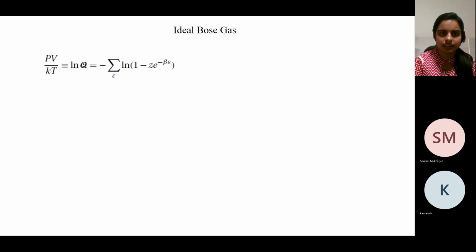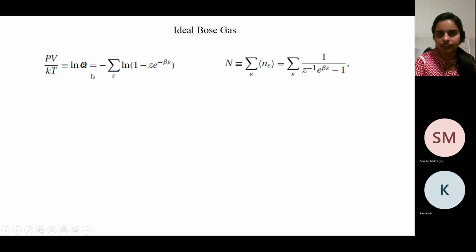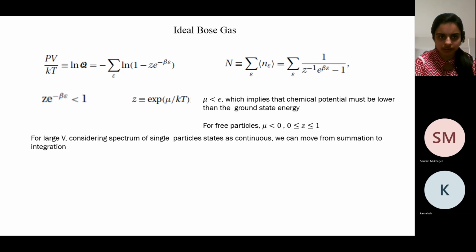Okay, so basically this comes from the grand canonical ensemble, right? This is how your n goes, and here this is your mean occupation number, which is what we just discussed.